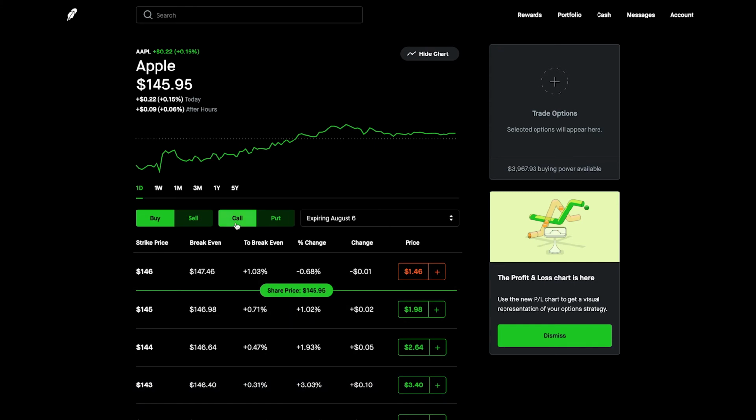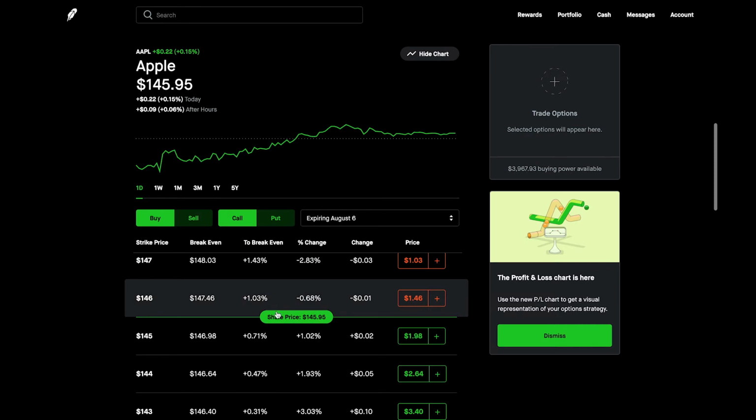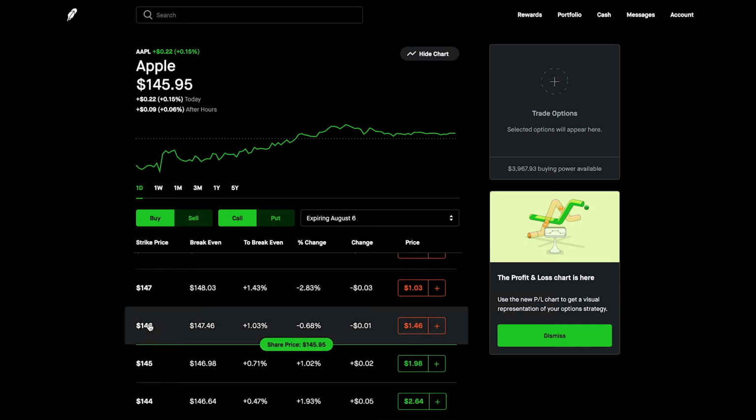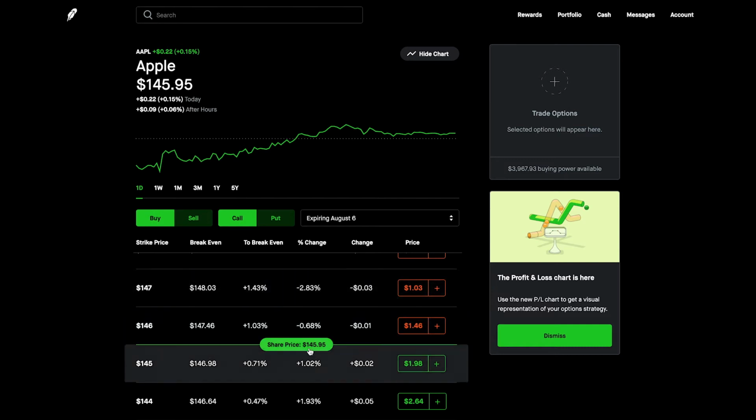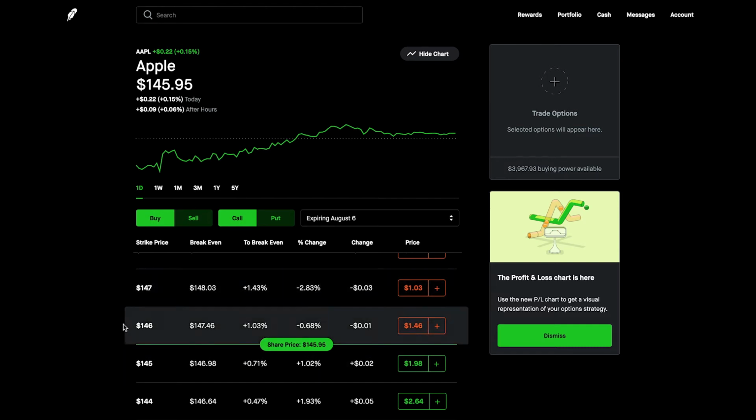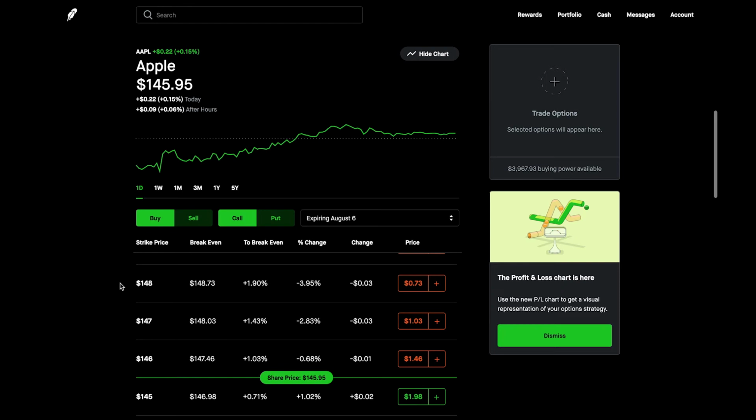And so we're looking at call options right now. We're not concerned with buying or selling. We're just looking at call options because with the call options, remember, any option in the options chain that has a strike price higher than the current share price, so 146, 147 and up, these are all out of the money.